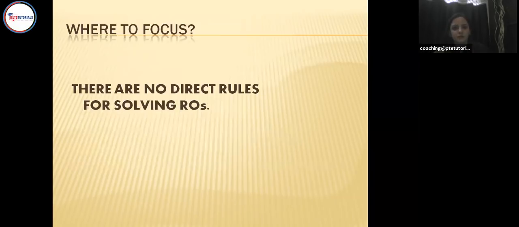So there are no direct rules for solving reorder paragraphs, but still we can make our own strategies based on a few things. Now, what those things are and how they are going to help us.